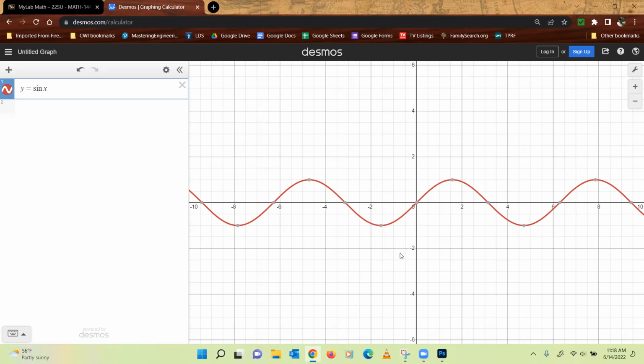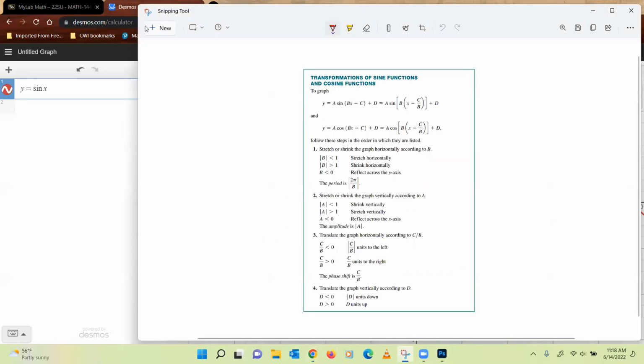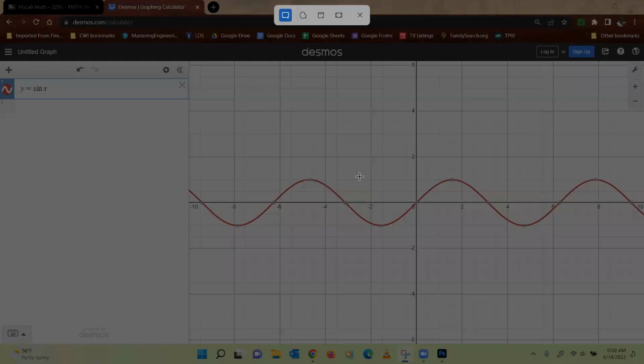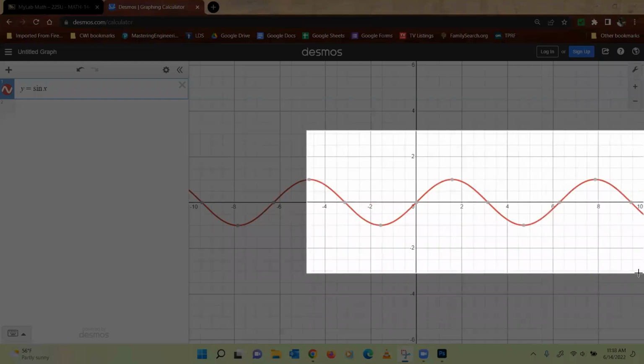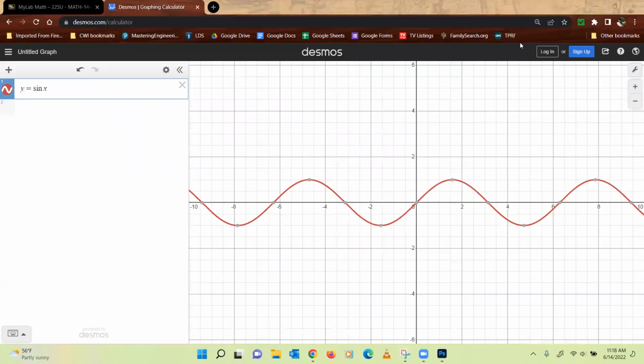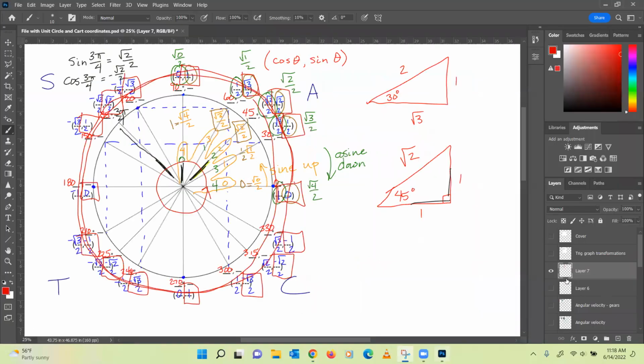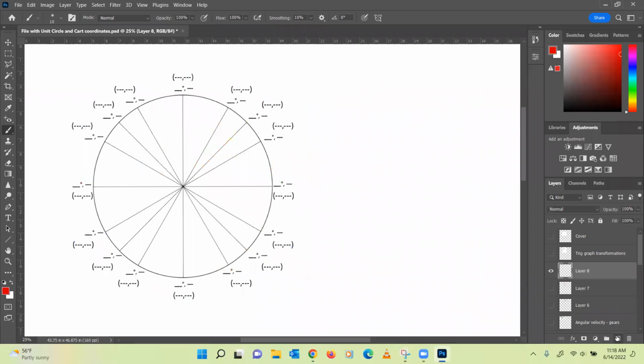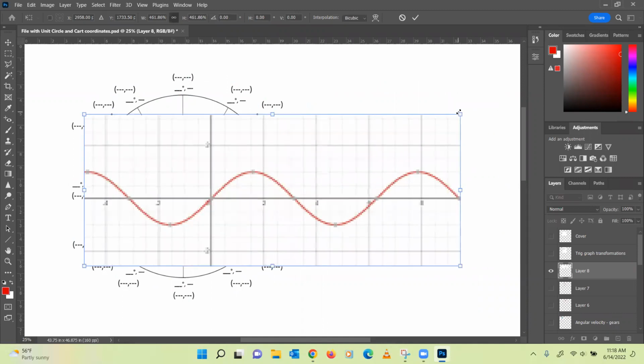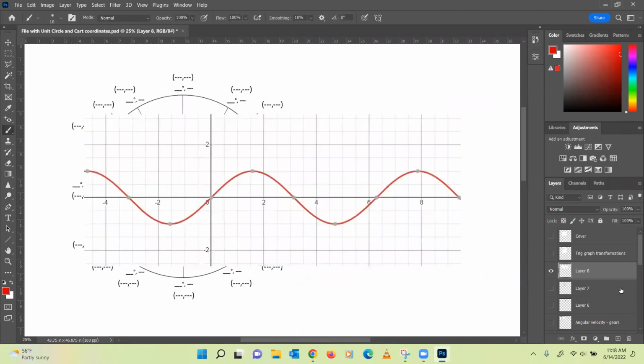Now if I take a screenshot of that so that we can talk about some of the features associated with it, then perhaps that will allow me to highlight some features on the graph. Make it big enough we can actually see it.